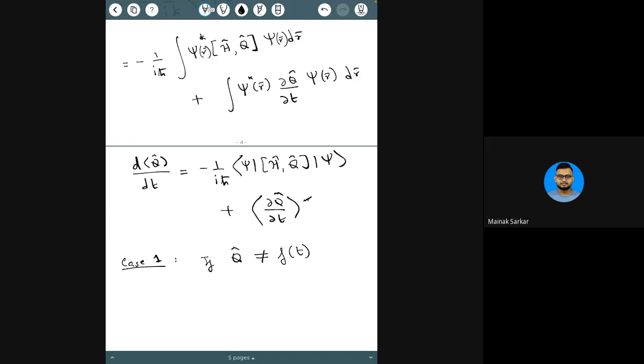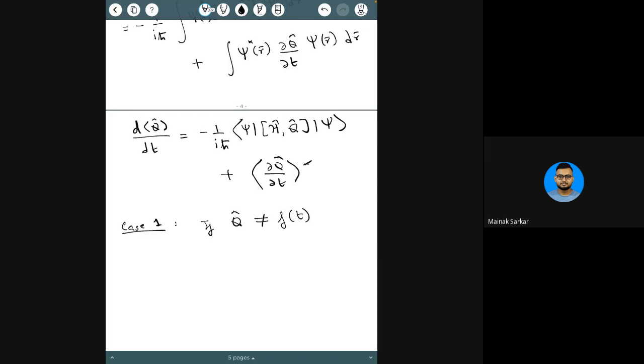Then dQ/dt depends on the commutator of H and Q. And if the Hamiltonian commutes with this operator, then even the expectation value of the observable Q becomes independent of time.